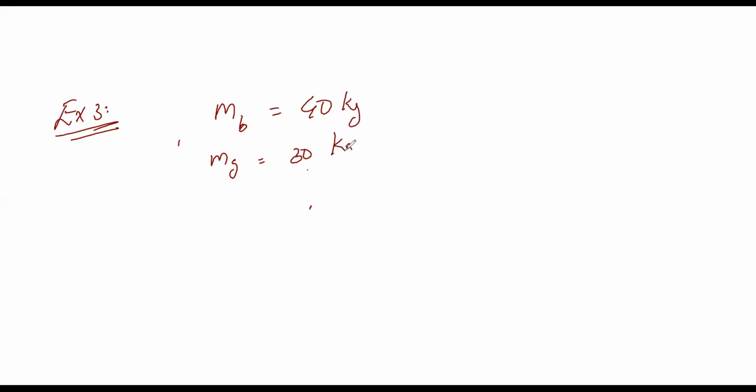Even if I don't put these down, you should be able to write them. Next, in the question they are telling us to compare the work done. They have also given g is equal to 10.